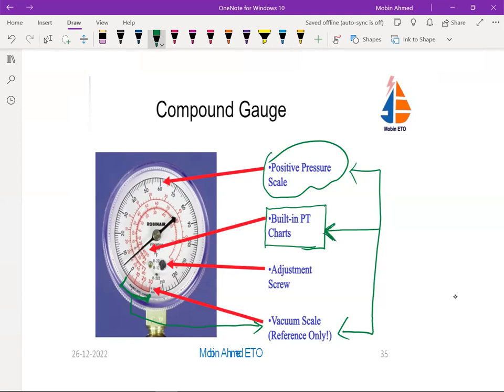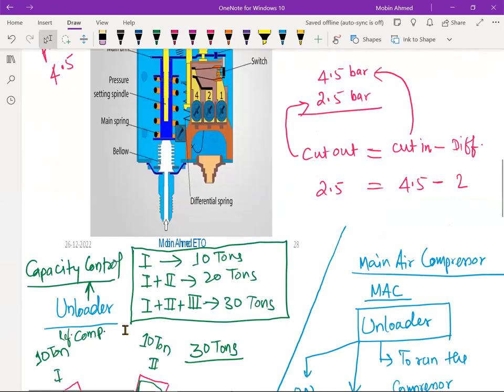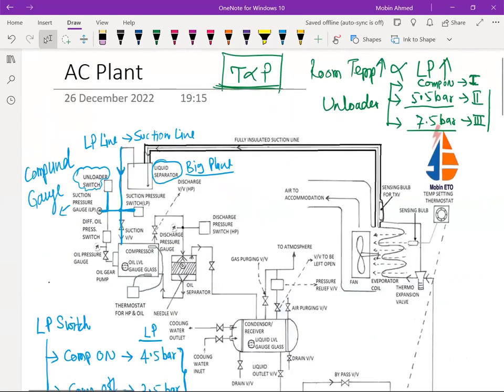This is one important gauge, and this question has been asked: what is the specialty of this gauge? Suction pressure gauge or LP gauge.